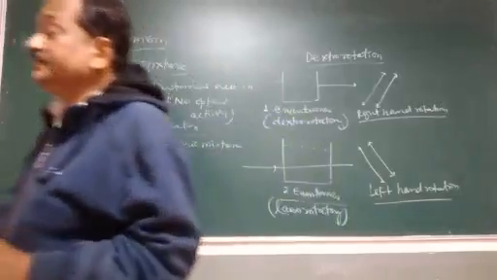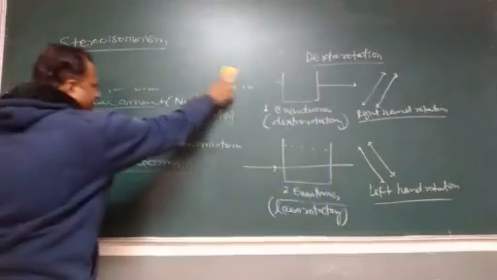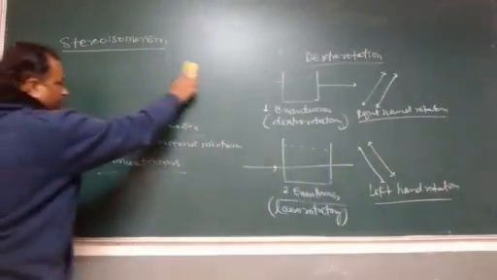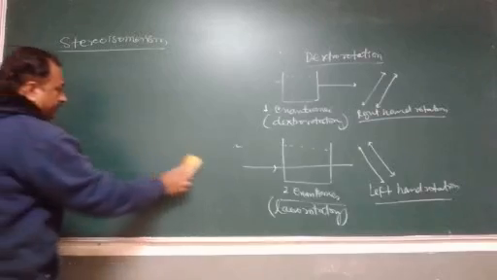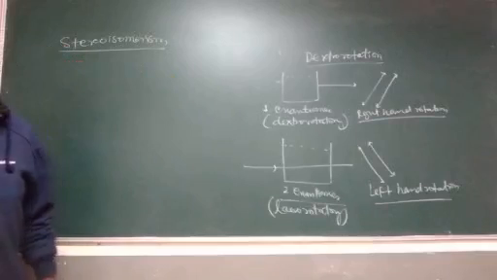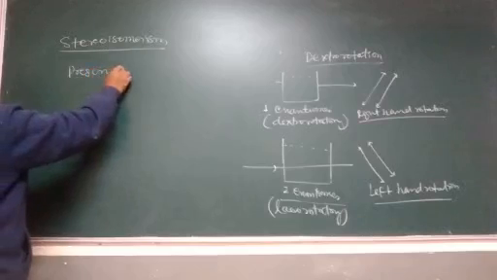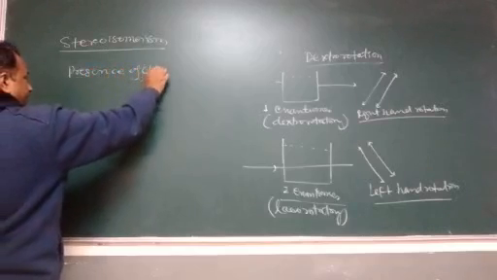Now the other point, I am coming to the main point: why enantiomers are able to rotate the plane of polarized light. It is due to the presence of chiral carbon.